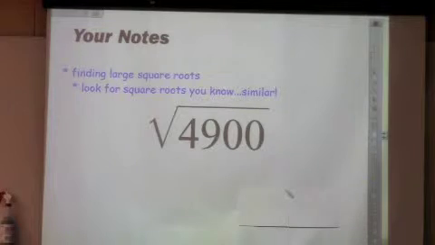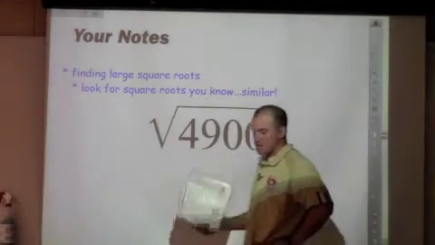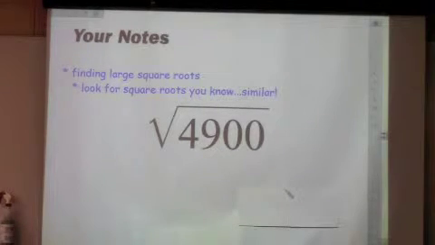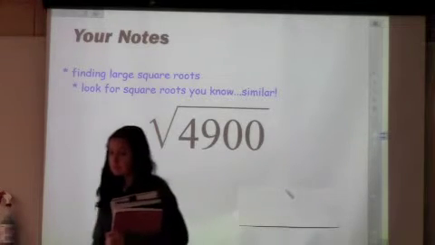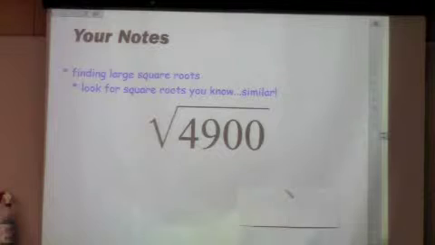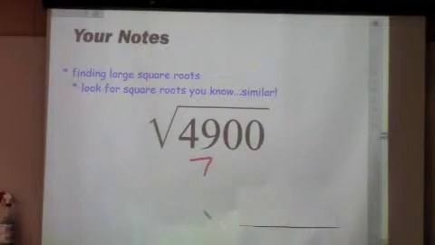Okay? One more idea. What if we're asked to find a large square root? I know you guys know, I asked you to learn 1 through 144. Somebody comes along and says, what's the square root of 4,900? Jeez. Well, look for something in there that's similar to something you do already know. What do you think? Square root of 49, so you just add a 0.